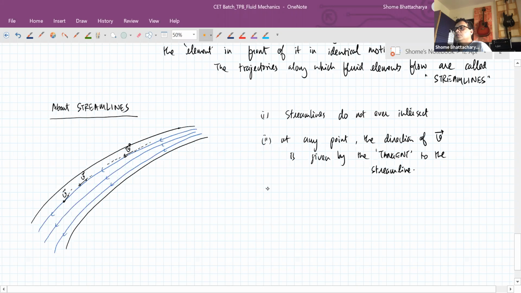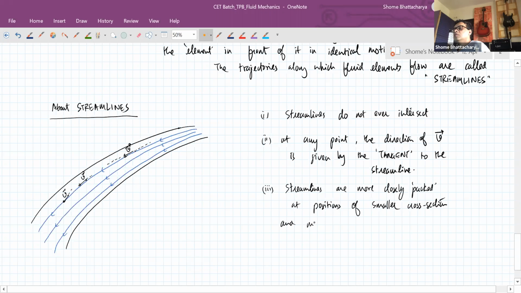And the third point, as you can see, is that streamlines are more closely packed at positions of smaller value of cross section and more loosely packed at larger cross sections.